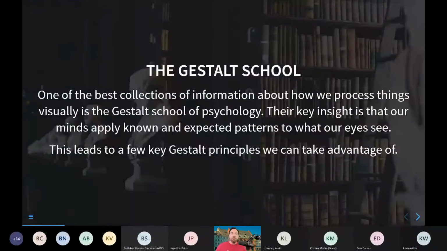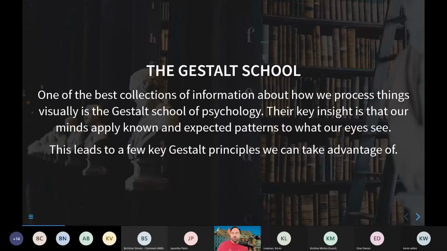One of the best explanations for this comes from the Gestalt School of Psychology, which was a set of German psychologists who did a lot of experimentation on how people see, envision, and work with different, especially visual elements, but they also did work with auditory elements and other senses.